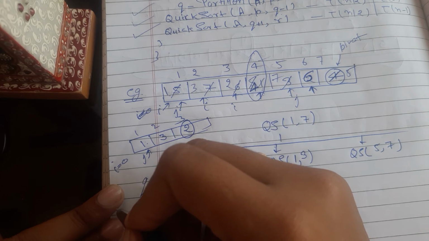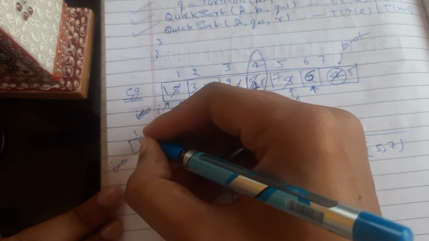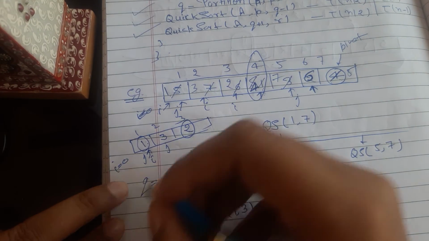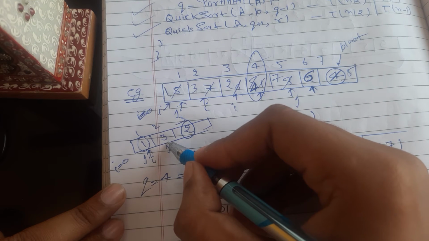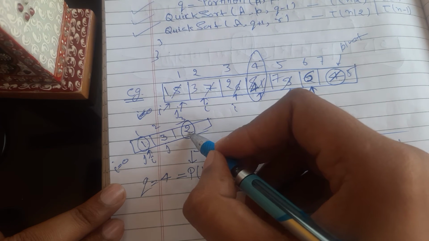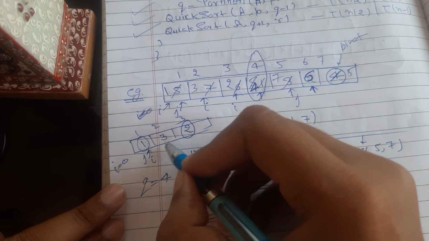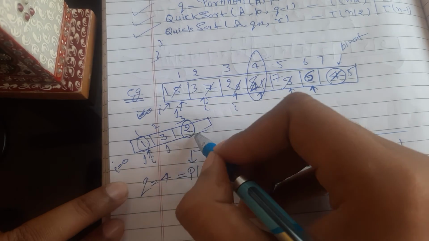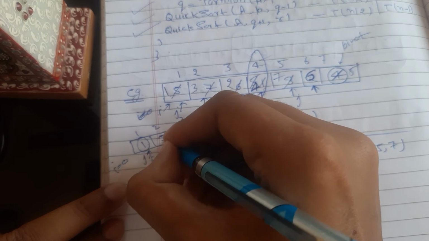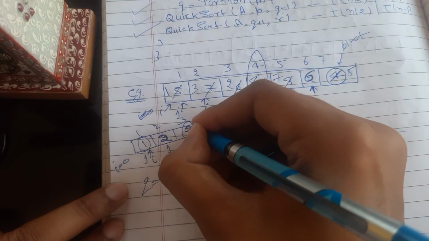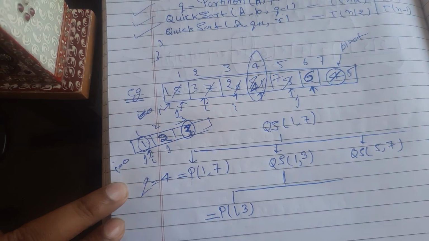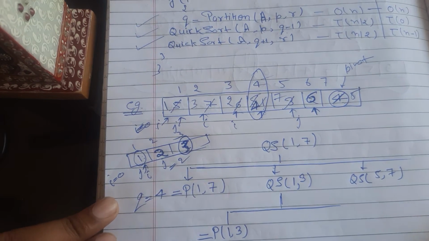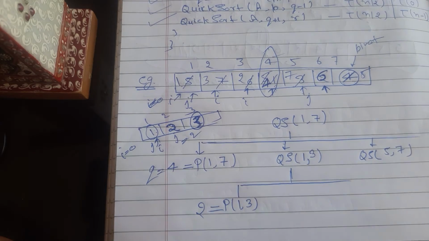Okay, so this is a correct position. Then we increment j. A of j is less than pivot, not true, so for loop is over. Then we again swap A of i plus 1 with A of r. Then it will be 2 and it will be 3, so the partition will return index equal to 2.